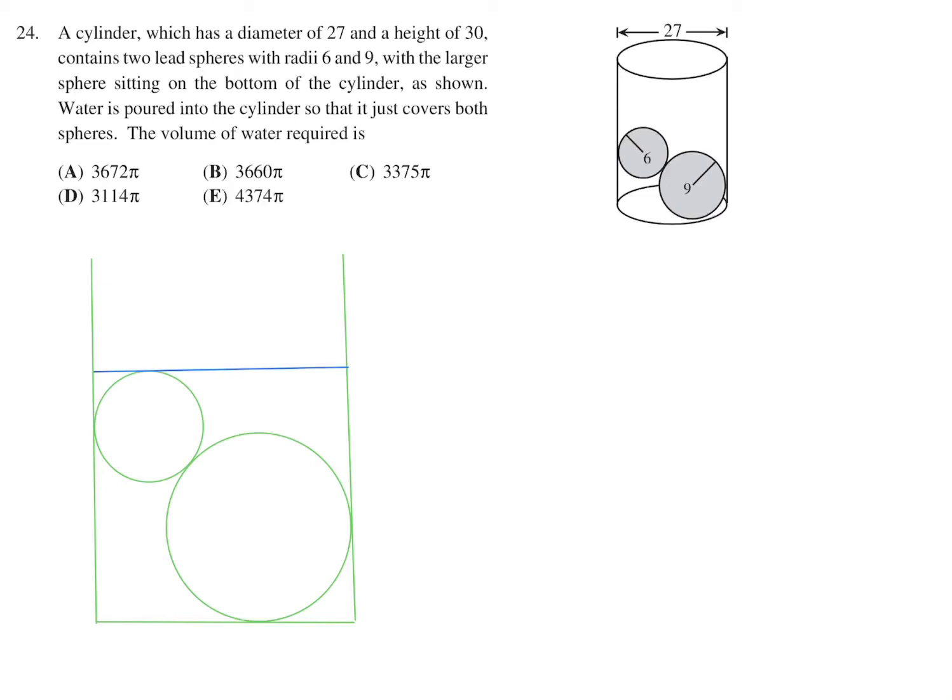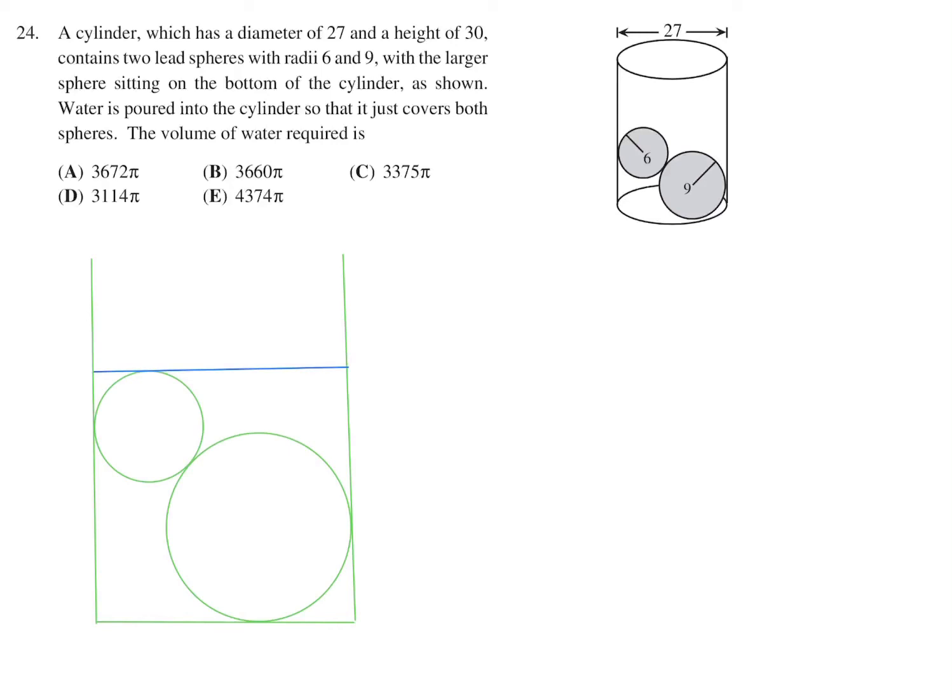So both spheres are basically submerged in this water. And basically this is all water now. Okay? Like that. Now I'm going to need to figure out a bunch of areas here, so I will remove all those lines, but I'll keep the top one to let you know that that is the level of the water.